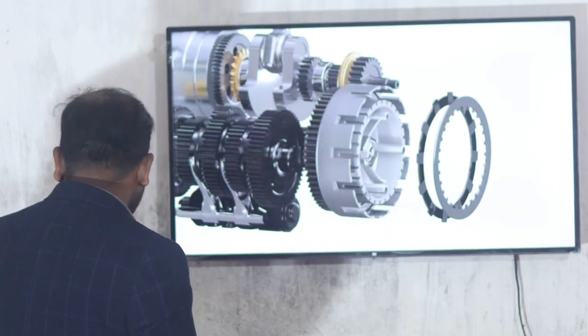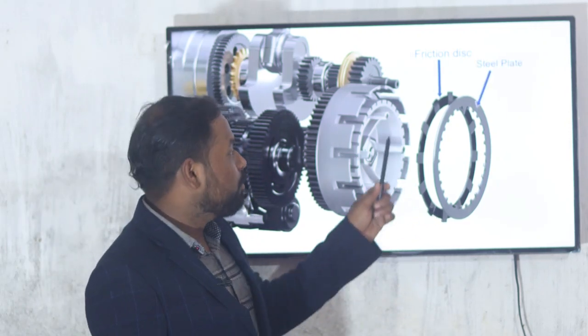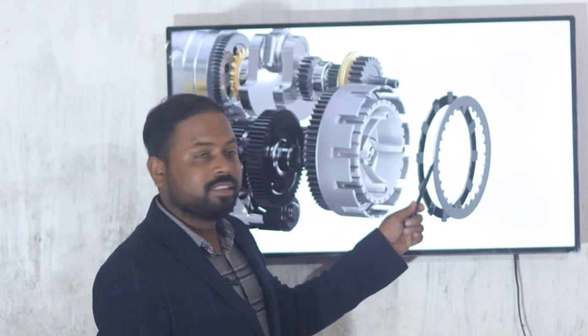Let's see how the plates work independently. First of all, there are two plates: one is the friction plate and the other is the steel plate.